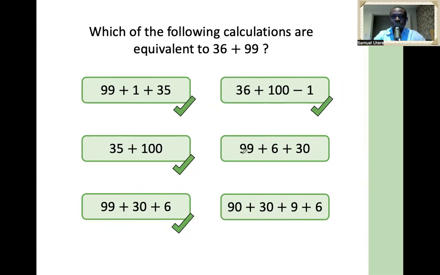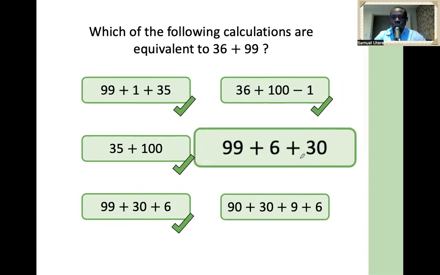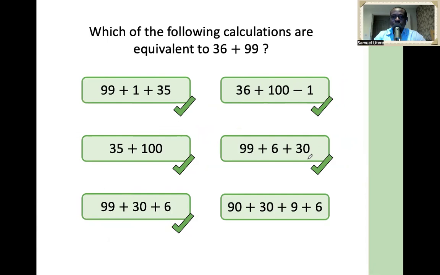Here we have the 99, we've written it in a commutative form, and we simply partitioned the 36 into 6 and 30. They represent the same calculation. This one, we've partitioned all the numbers. So we've partitioned 99 into 90 and 9 and 36 into 30 and 6. So they represent the same calculation.